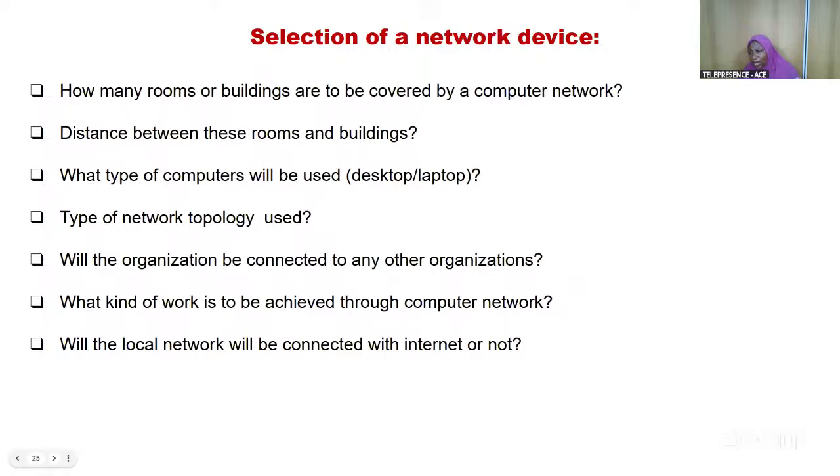Which type of computer: is it a desktop, is it a laptop? What kind of network topology do you want to use? And what kind of work do you actually want to achieve? Is your connection going to be local, or do you want to go on the internet? All these questions need to be answered before you select your network devices so that you won't run into a problem.